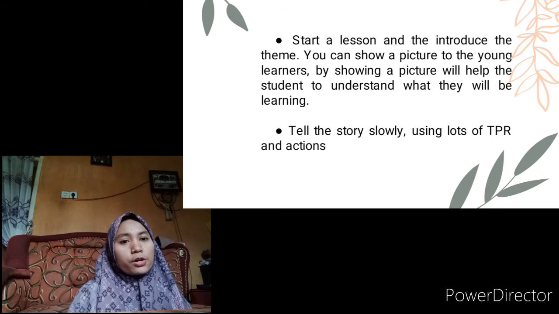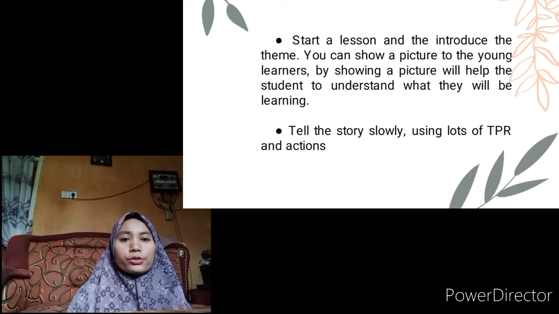We can show a picture to the young learners, and by showing the picture, it will help the students to understand what they will be learning. For example, today you want to teach the students with the story of Malin Kundang, so you can show the picture of Malin Kundang to the students, so the students will understand the material today.